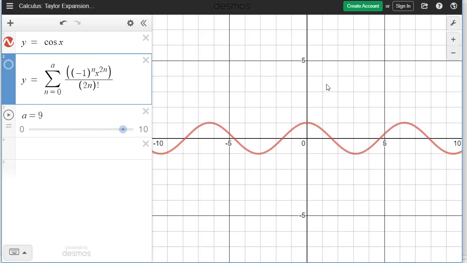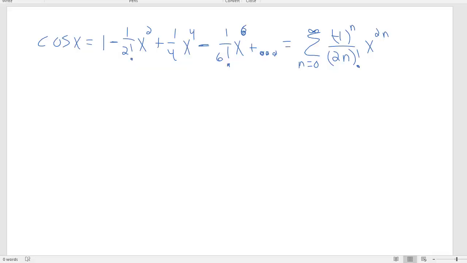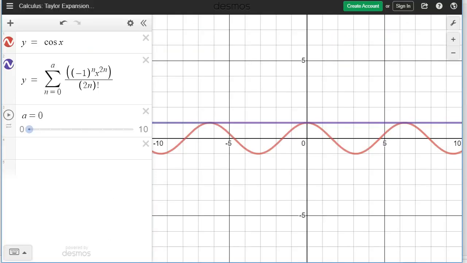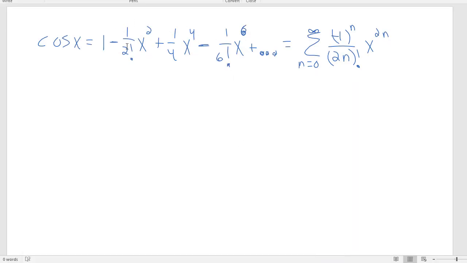I'm going to turn off the series for a second. So here's the function cosine of x. Here is my power series for that function. And if I add the first term, we have y equals 1 that approximates cosine. Again, not a very good approximator when I'm far from the origin. When I add the first two terms, I have 1 minus x squared, a parabola.